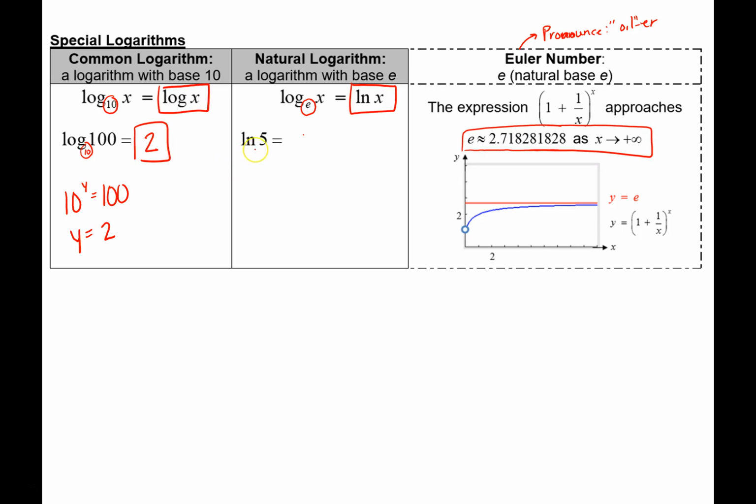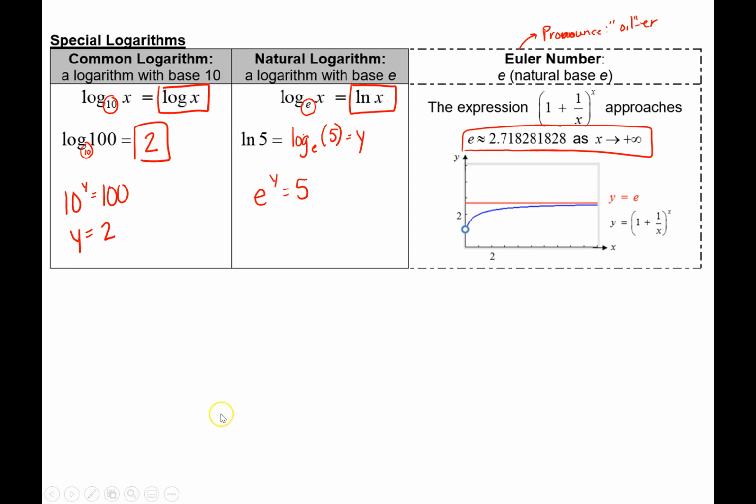So if we see natural log of 5 and we want to approximate that, we can write that as log base e of 5. And then we can solve that in a similar manner, though this has a little bit of oddity in it. That's e to the y power is equal to 5, and we're looking for what that y value is.